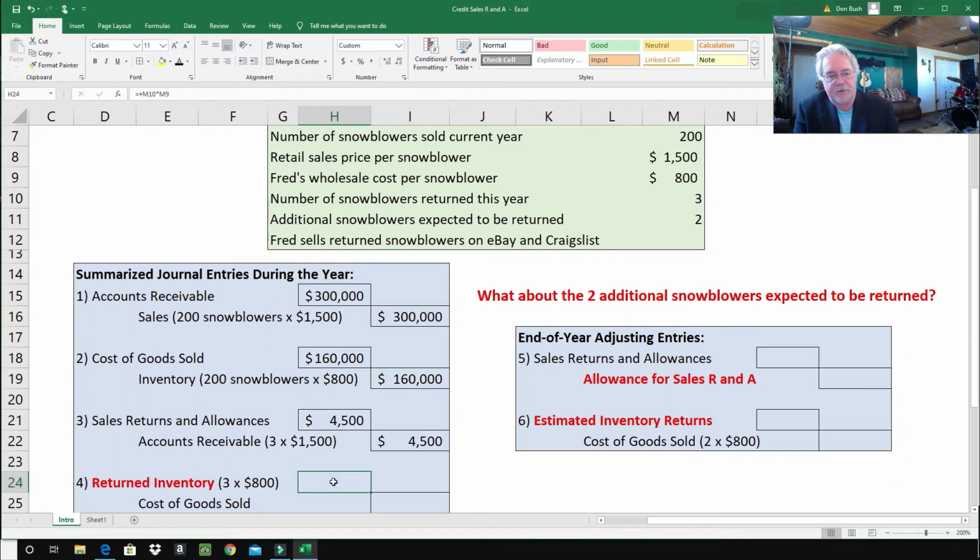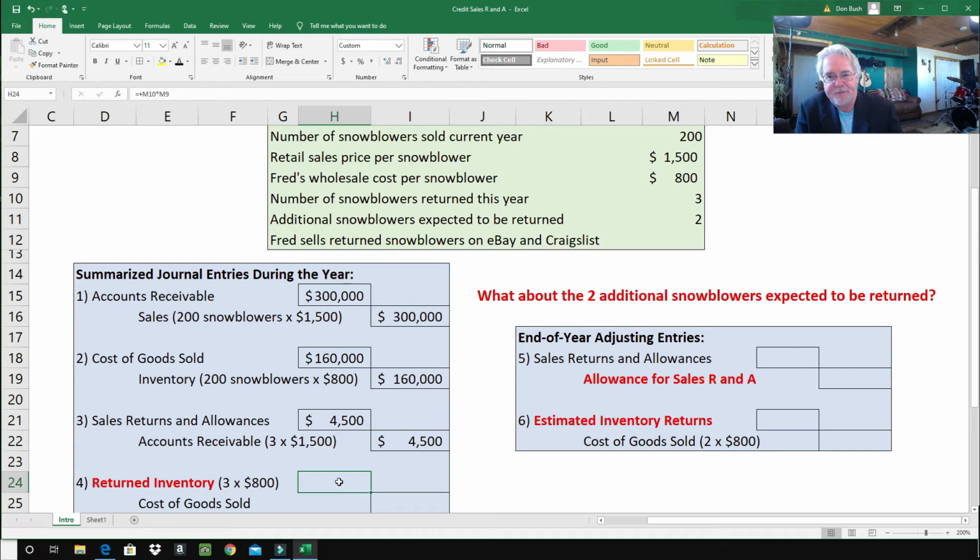So coming down to returned inventory, Fred is making note in his accounting records that he's got more inventory. Now this is not brand new inventory that he can sell as brand new snowblowers, but these are used snowblowers that customers have returned, and Fred will sell them on eBay and Craigslist.